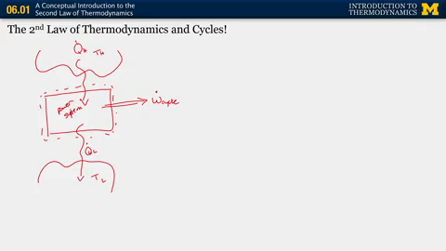Okay, and we said we can define an efficiency for the power cycles, and we denoted that with the subscript P. It is what we want, which is the work out of that cycle, divided by what we paid for to get it, which is essentially the heat transfer from combustion or from whatever the high temperature reservoir source was, the energy carrier for that reservoir, which in most power plants is going to be a combustion source.